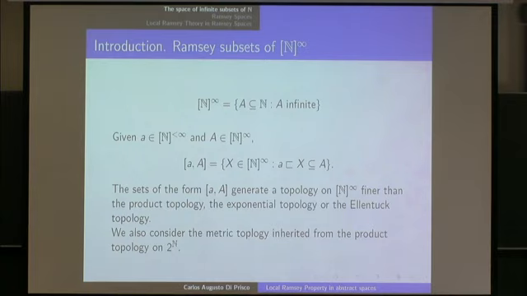One way is to look at the basic sets defined by fixing a finite set of natural numbers and an infinite set of natural numbers, and then looking at all the infinite subsets which have the finite set as an initial segment and which are contained in the infinite set we chose to fix.